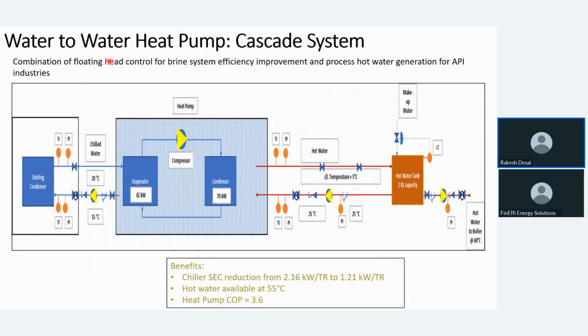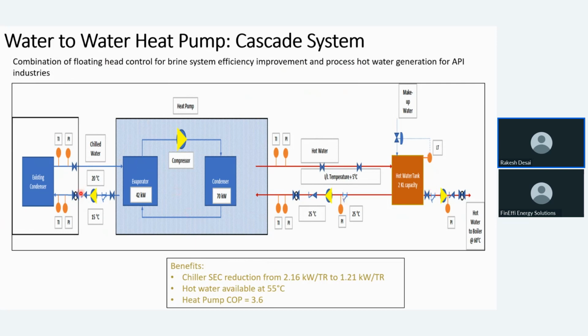A system which can be used is a cascade type water to water heat pump. There is a brine chiller, existing condenser is here. This is the heat pump and this is the hot water.